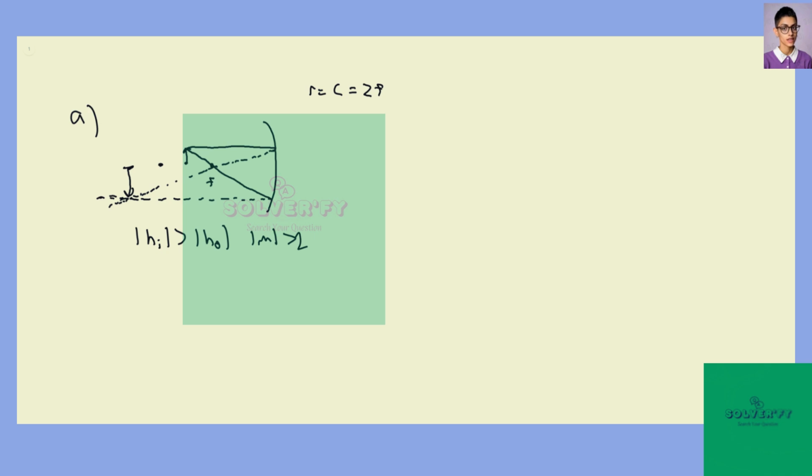Well, let's look at the other case where, and I'm terrible at these half circles. Here's the focal point, sorry. Here's the center of curvature. And we want to put the object outside of the center of curvature. So put it there.